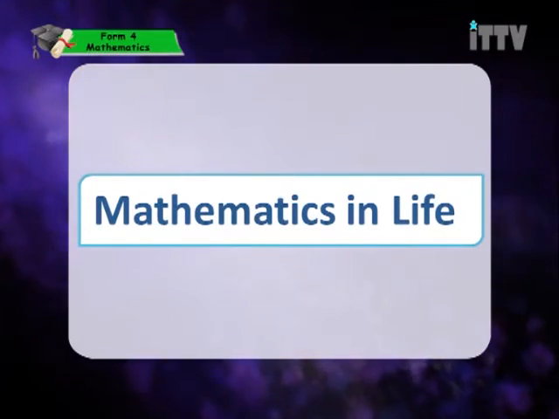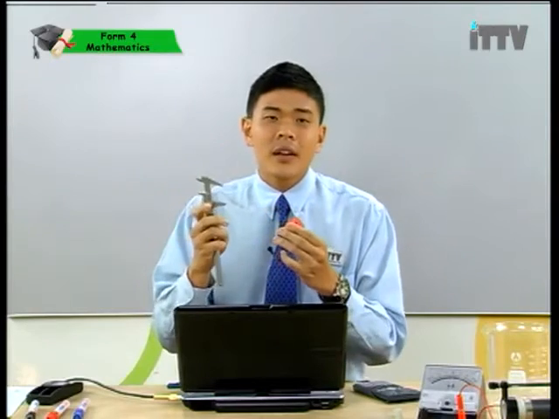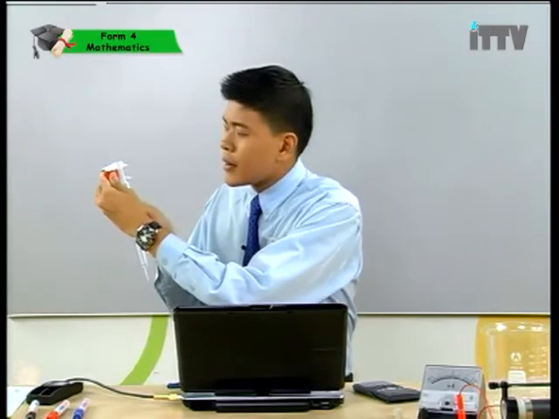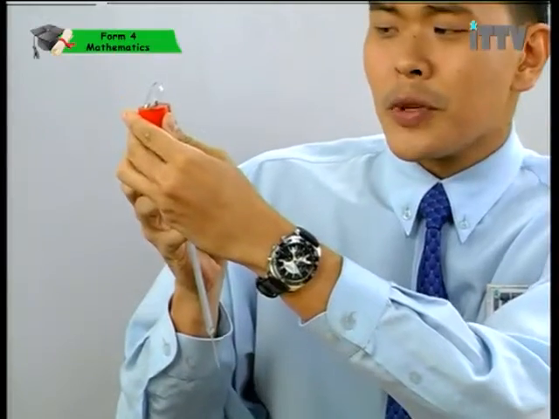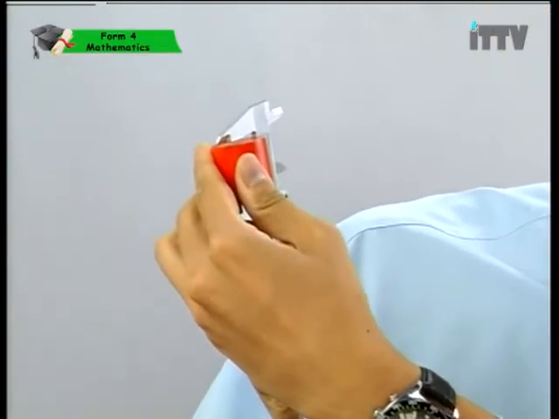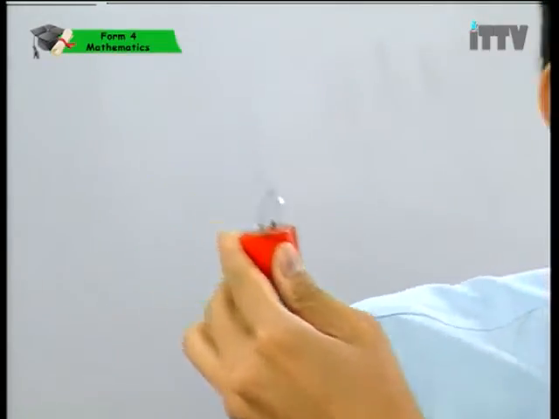For example, if I want to measure an object, let's take this solid for example, and I'm using an instrument. After placing it, according to this instrument, the length of this object is 3.25 centimeters.